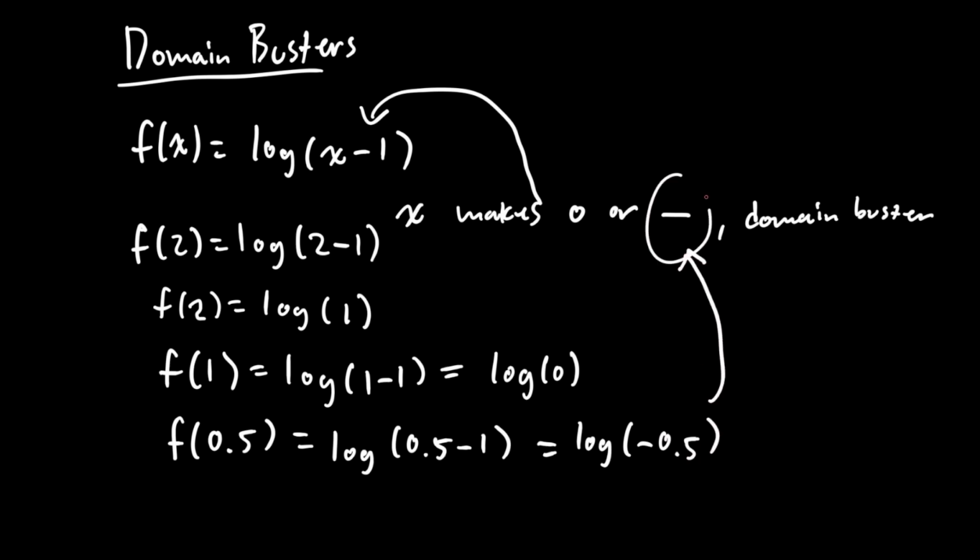So this wouldn't fit into the domain. So from this we can come up with the rule, and that is, since we can't put in an x that makes us take the log of 0 or a negative number, we can only put in an x that is greater than 1. So the domain for this function is any x that is greater than 1.